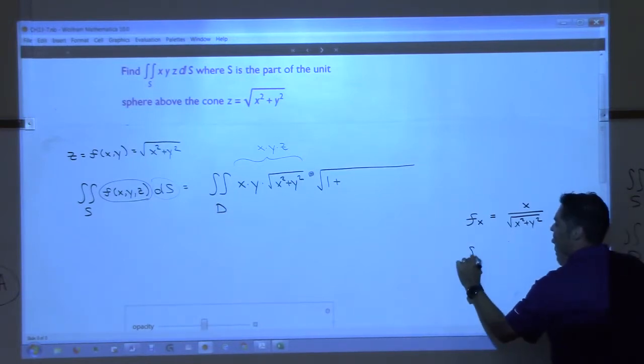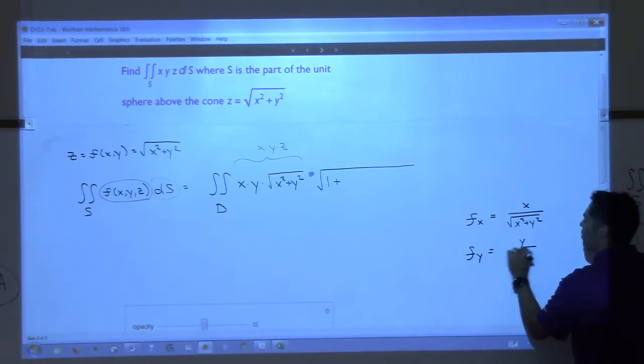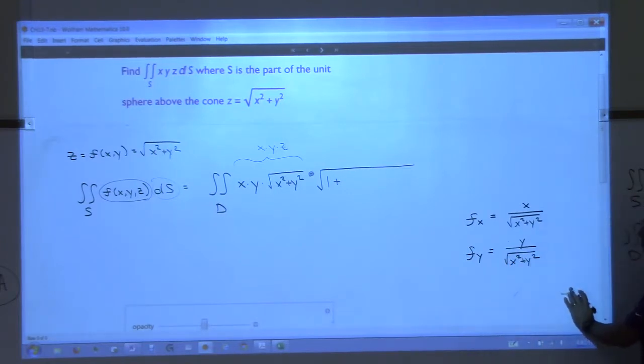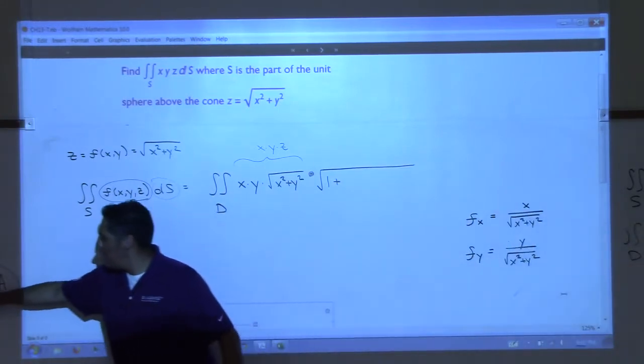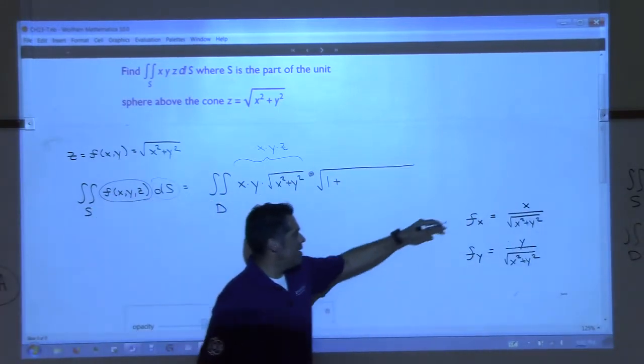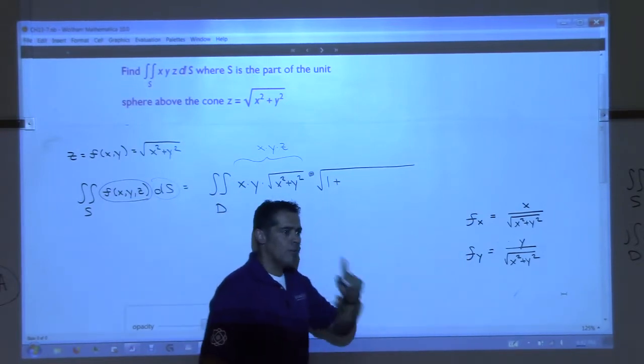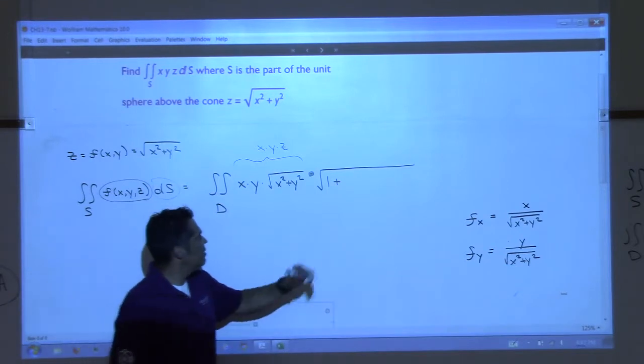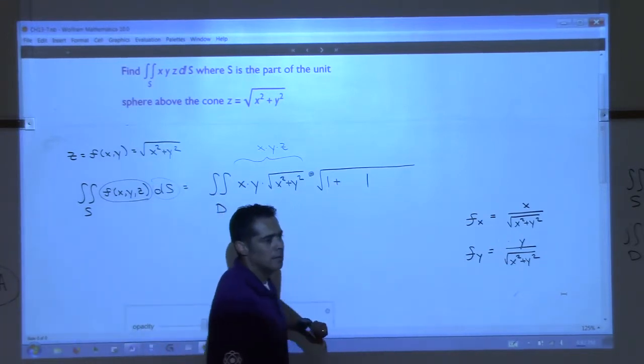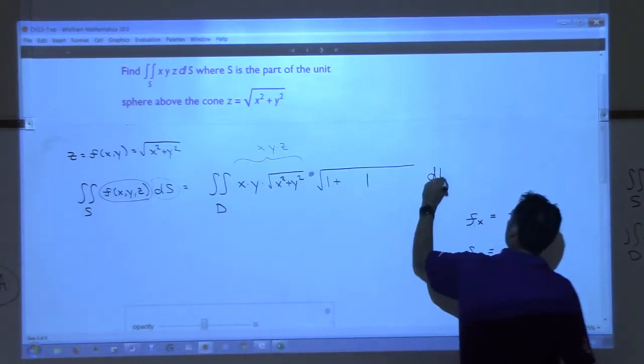And then the partial of f with respect to y would be y over square root of x squared plus y squared, right? And then when I square each one of these and put them into the formula, square them and add them, what happens? If I square that and add it to this square, I get 1 again, don't I? Yeah. So because we've done that, I'm just going to put 1 here. And then we have dA.